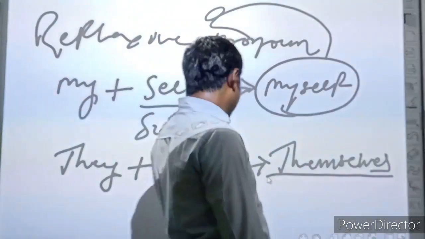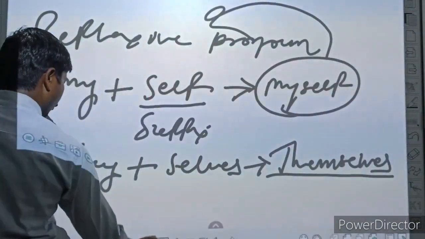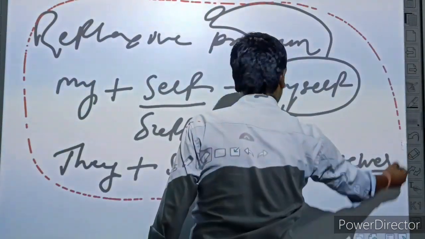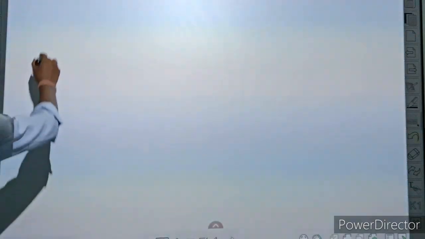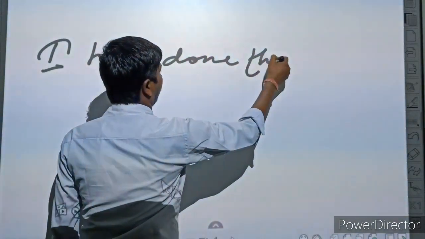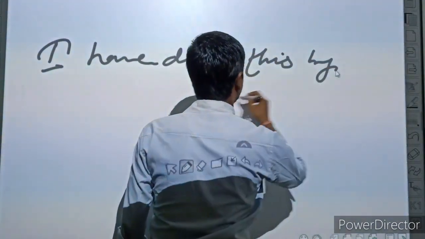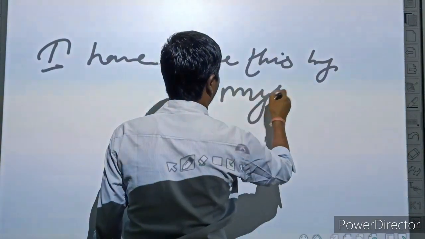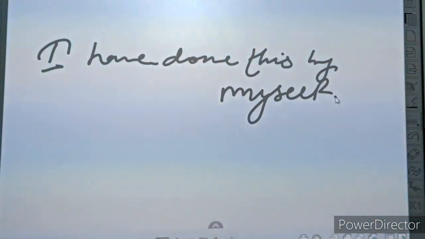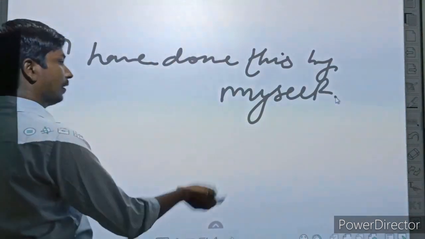In a sentence, I am going to give you an example. I have done this job by myself. मैंने यह काम खुद किया है.